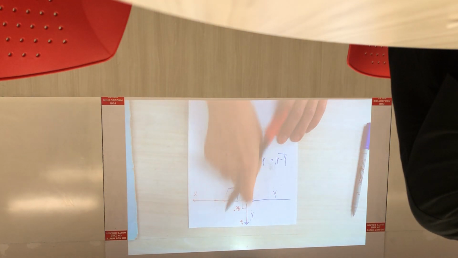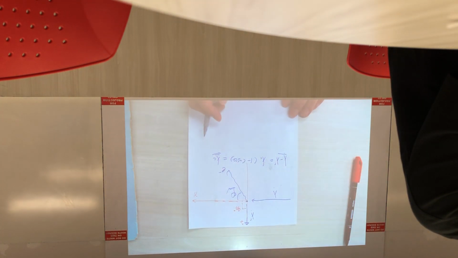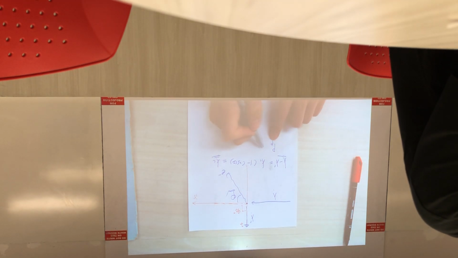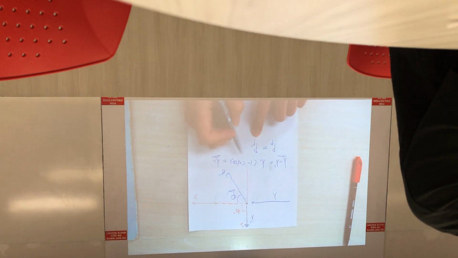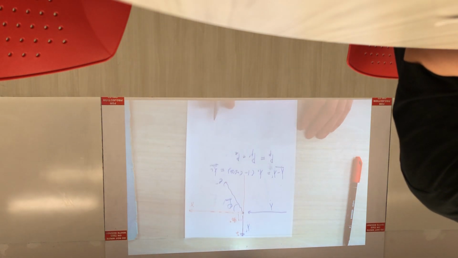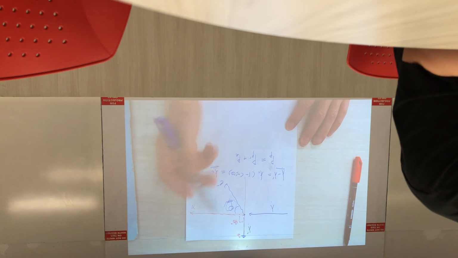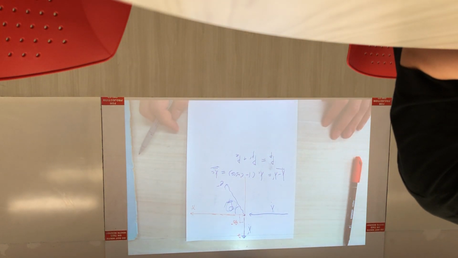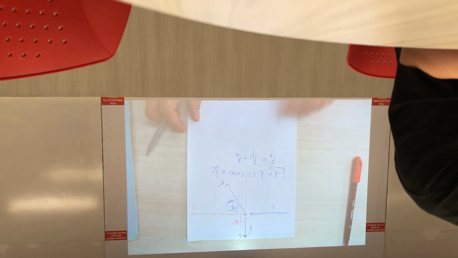Our momentum must be conserved, so I will set the equation as: the momentum of the incident photon must be the same as the momentum of the scattered photon plus the momentum of the scattered electron. And since these angles are not along the x and y axes, I'm going to decompose them into x and y components.